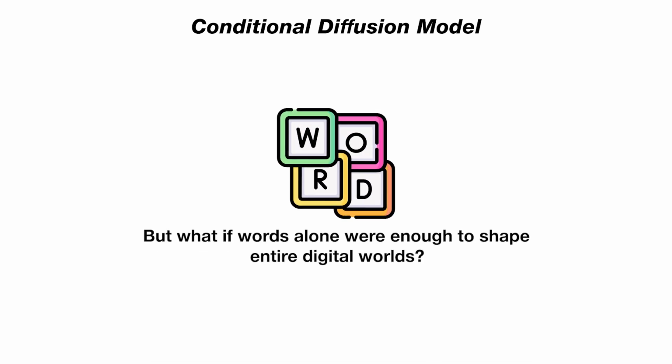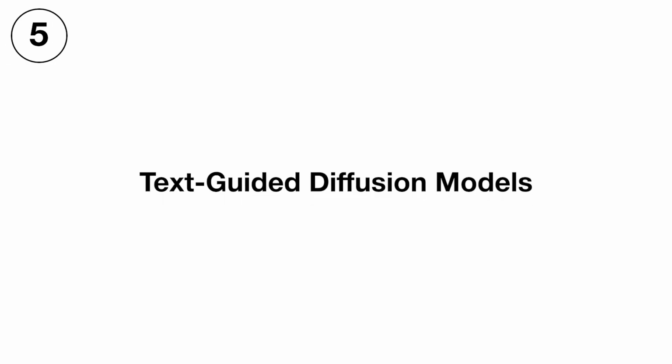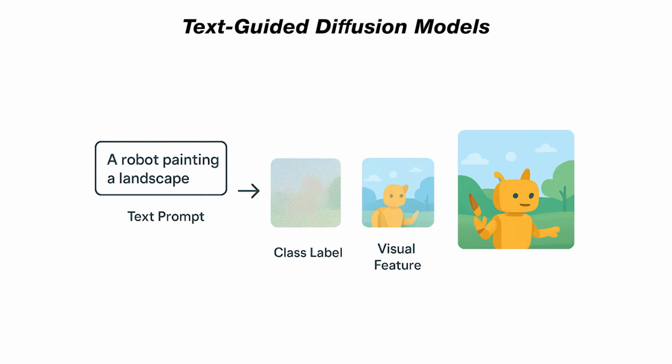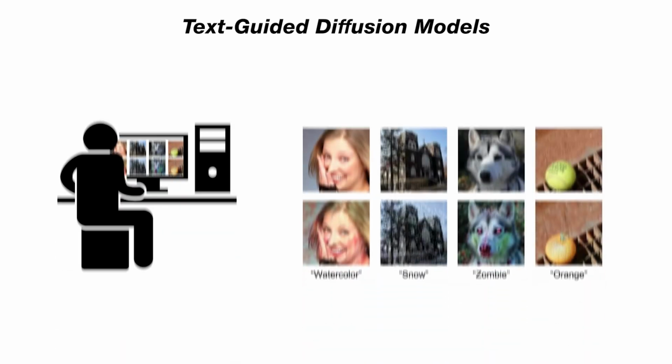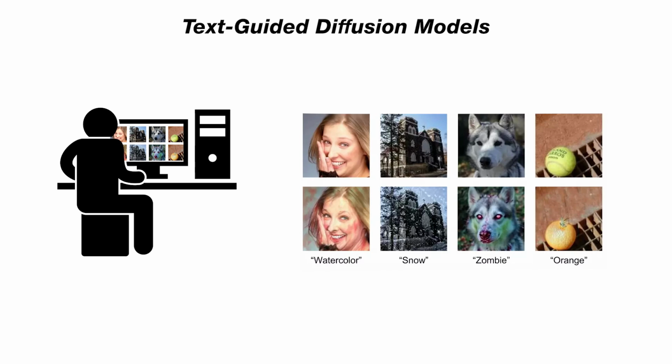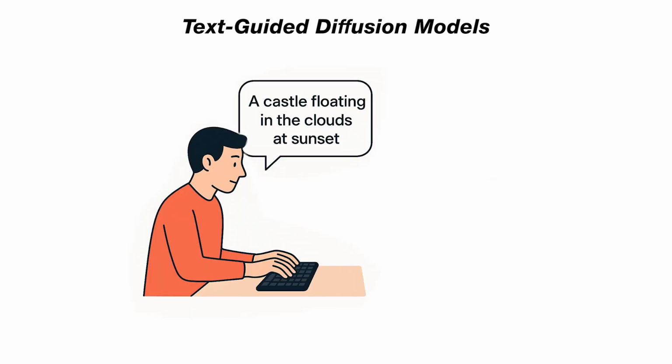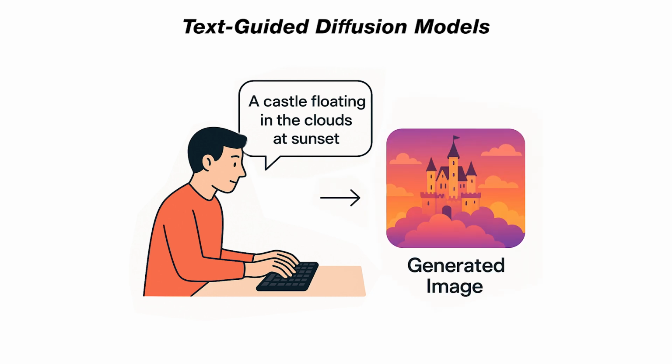But what if words alone were enough to shape entire digital worlds? That's the breakthrough of text-guided diffusion models. Instead of requiring labels or predefined features, these models listen directly to natural language. You type a sentence, "a castle floating in the clouds at sunset," and the model uses diffusion to translate text into matching images.